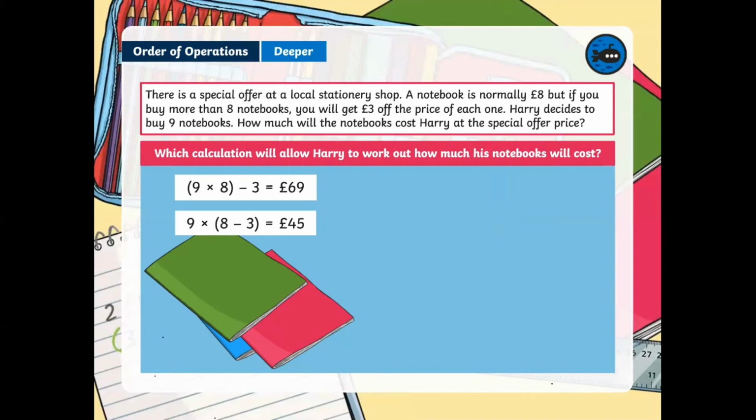Harry decides to buy 9, which is more than 8. So how much will the notebooks cost Harry at the special offer price? So he's buying 9 notebooks at the price of €8 minus 3. Which one, the first example or the second example, is the correct representation of the word problem? Because they have 2 different answers.